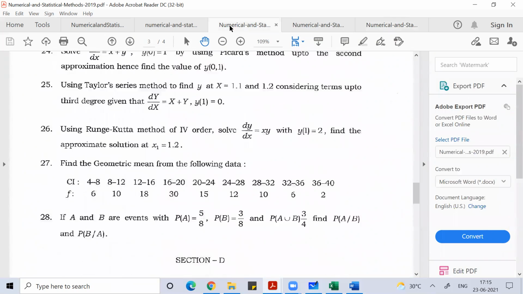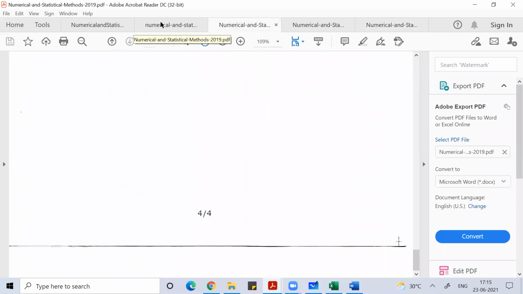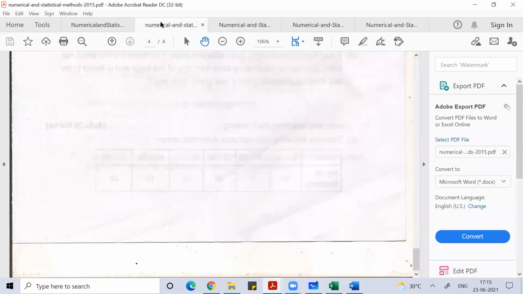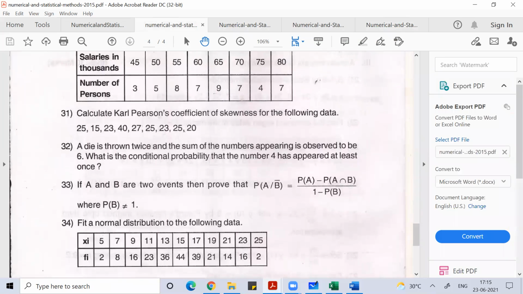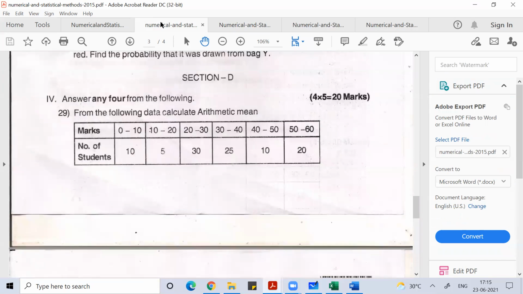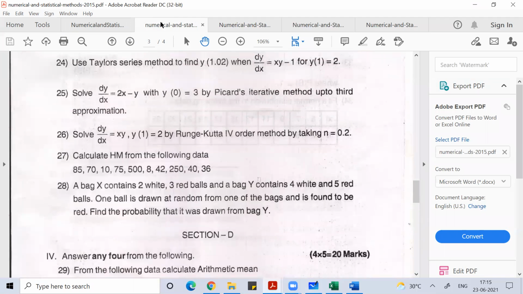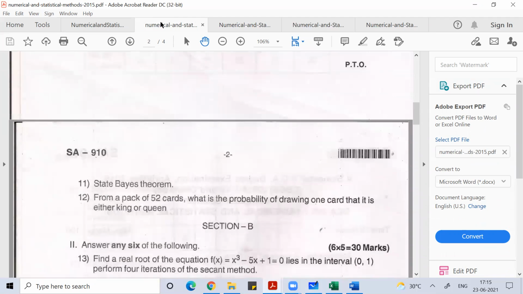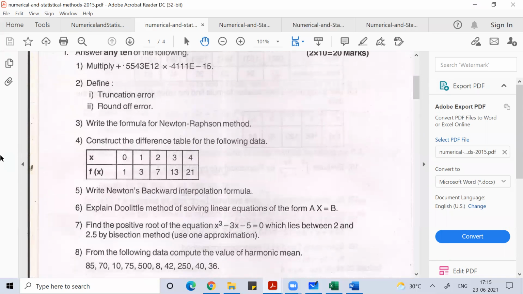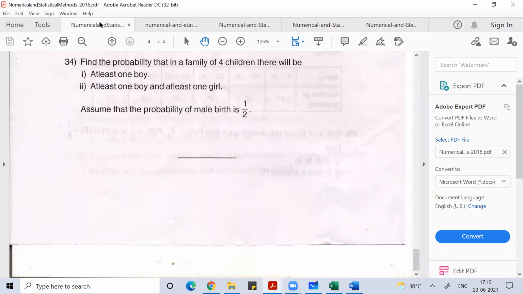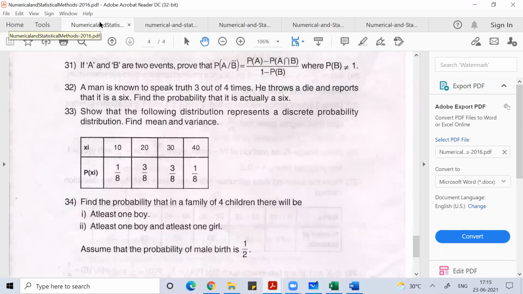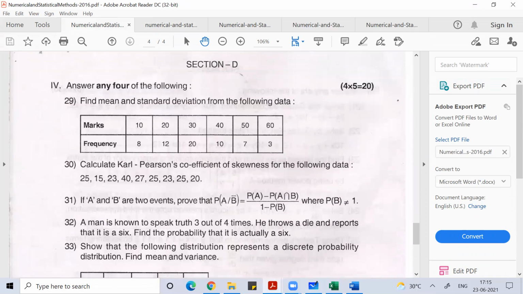Okay, this we have done. 32 I did already. 32, 33 already we did. 28 also I did yesterday. 34 we did just now. No, 32 I need to do.